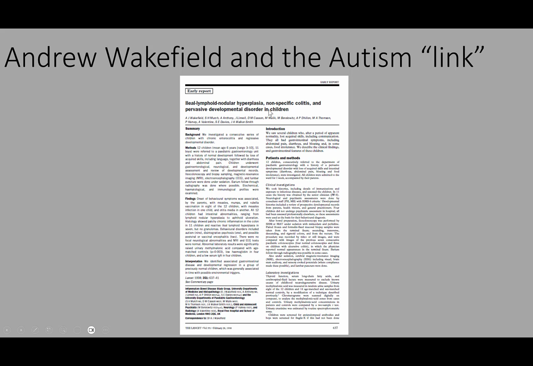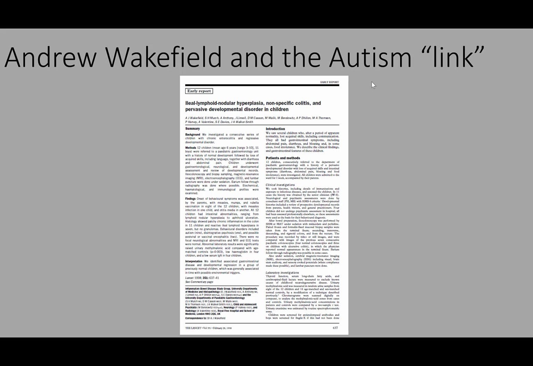But Andrew Wakefield, in this, basically what he points out is that when people are given vaccines, there is a higher rate of illnesses, including autism, although he never says autism. So there's this link between people who get vaccines and autism.